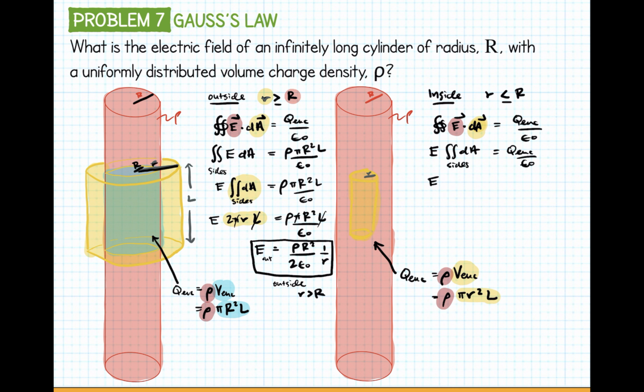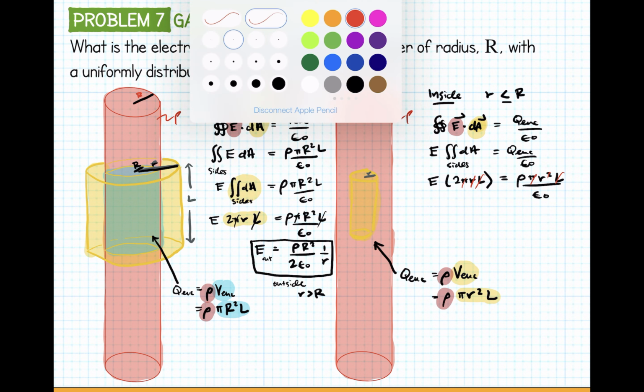So this becomes E times the surface area of a cylinder, which is 2 pi little r, because remember this is the Gaussian cylinder, times L, and we know it's the Gaussian cylinder because it's not infinite. And then this becomes rho pi little r squared L all over epsilon naught. Okay, once again, we're getting rid of the pi, we're getting rid of the L, but in this case, we're also getting rid of some r's because the key is always which R are you using, and you have to be very careful there.